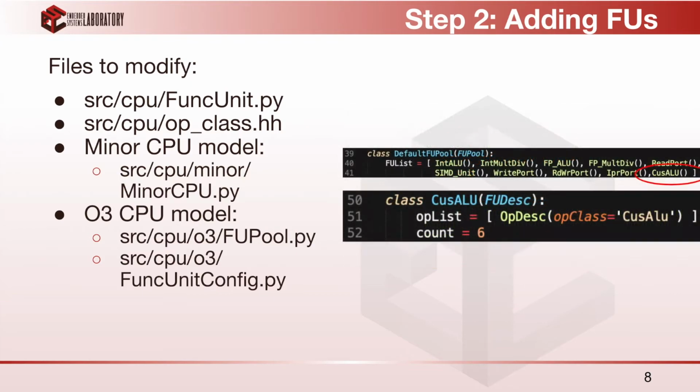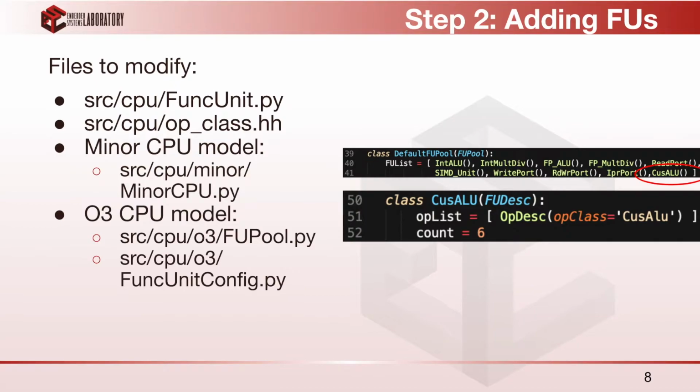After you've done this, we can now modify the out-of-order core model. Similar to before, you want to add a child class that uses the aforementioned op class definition, as well as add this new functional unit class to the functional unit pool. The O3 model separates these into two files, so you just add the custom ALU to default fupool and fupool.py, and then the custom ALU class definition to functional unit config.py.